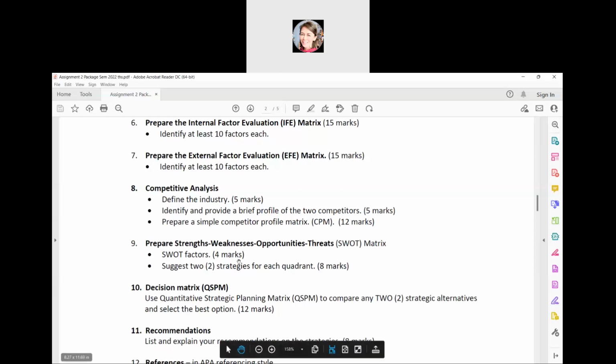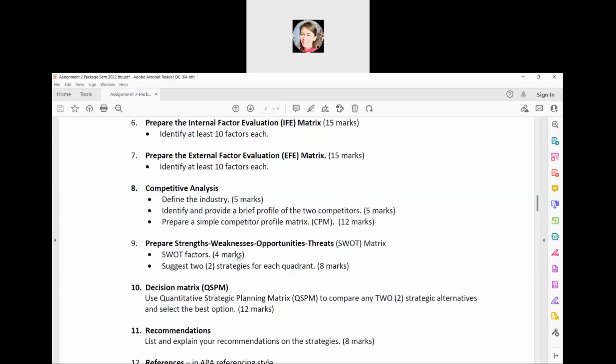Okay, and where do you get the SWOT factors to be included in this matrix? Like I briefly mentioned just now, these SWOT factors are from stage 1.